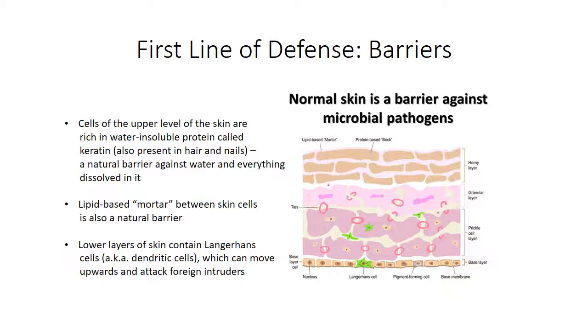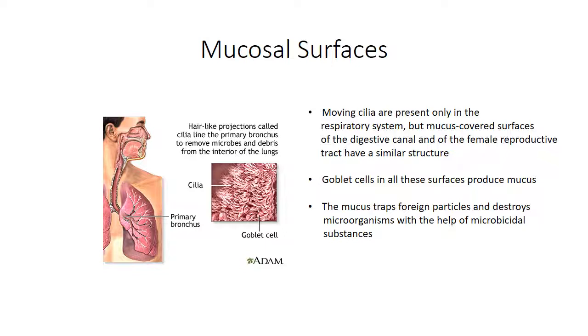They swallow foreign particles, internalize them, then bring them back to the base layer and then to the underlying connective tissue, where they present pieces of the swallowed antigens to lymphocytes, and that begins a specific immune response.